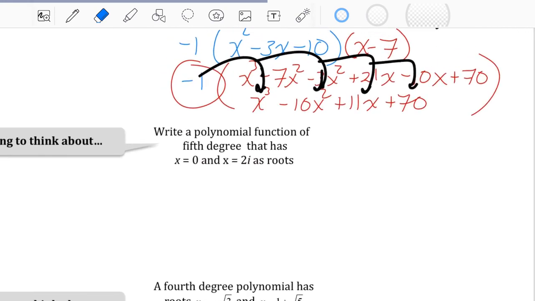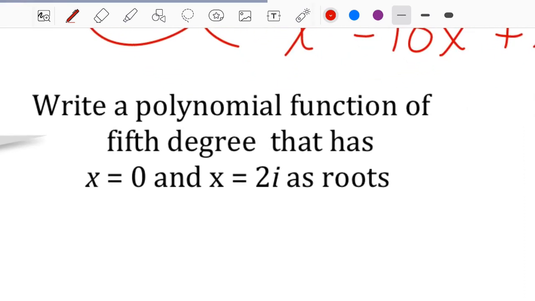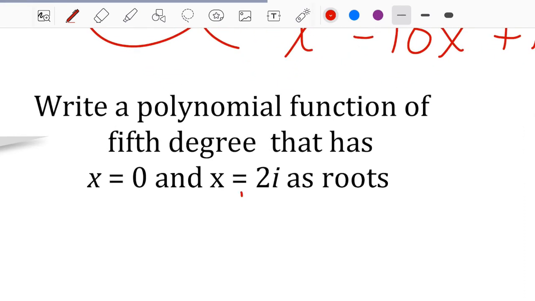Let's do a couple more just kind of thinker questions as we try to close up things with writing polynomial functions. What if I wanted to write a 5th degree function that has these roots? Now you say, well, I don't have enough information. Yeah, you got to kind of remember some things. For example, if you have an imaginary root, that really meant that you had the pair of roots.